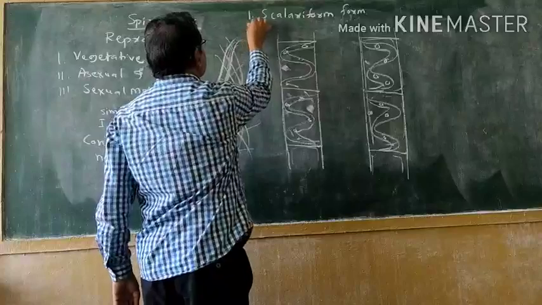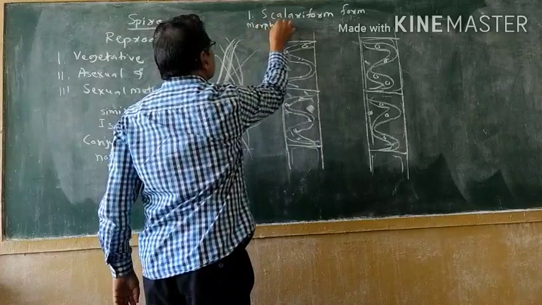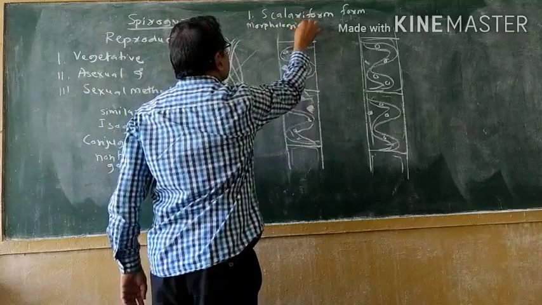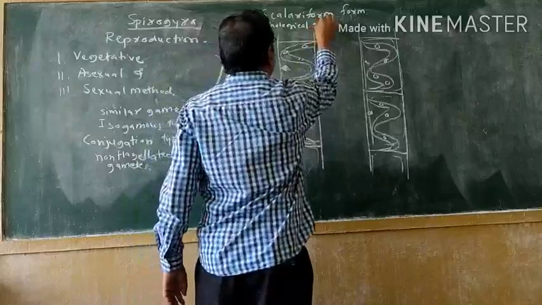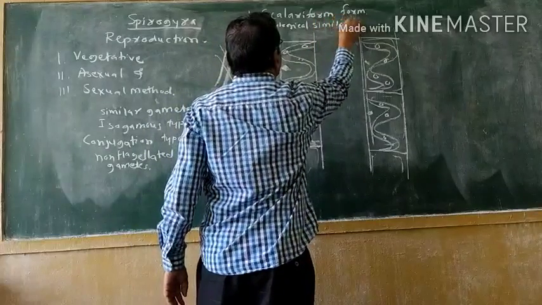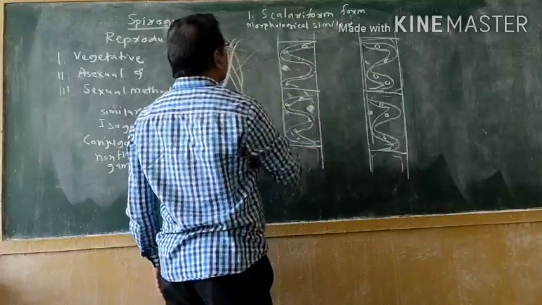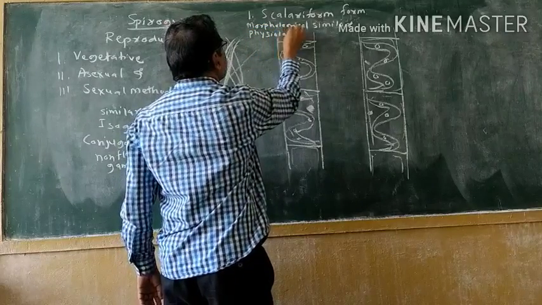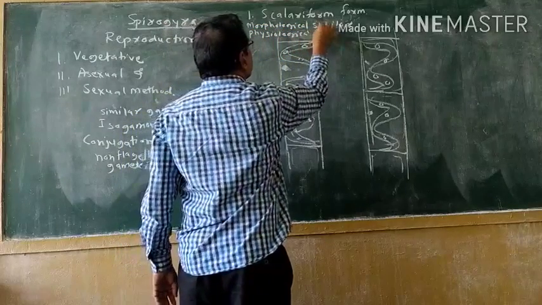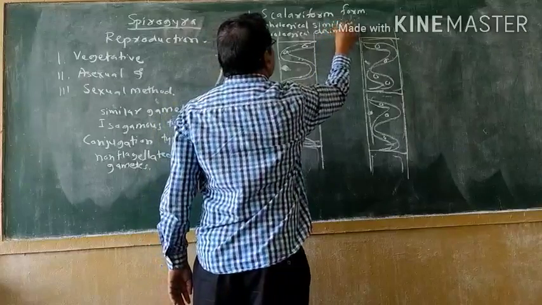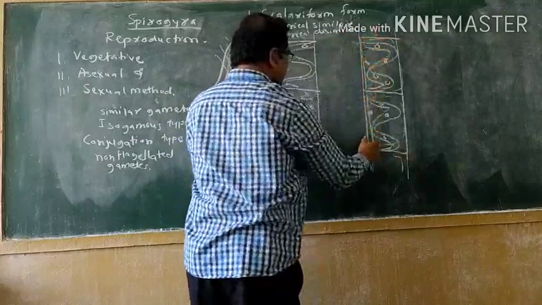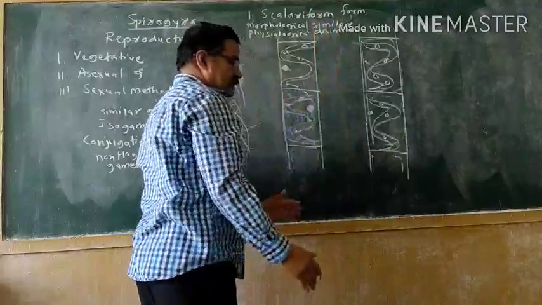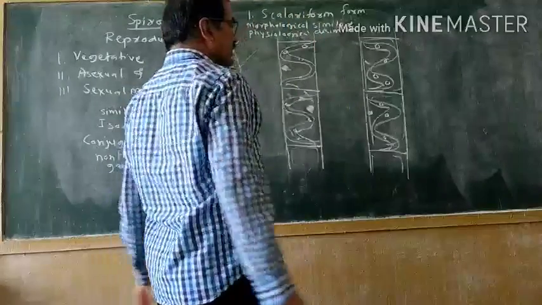Morphologically similar, but they are physiologically dissimilar. Physiologically dissimilar filaments come together and lie parallel to each other along their length.